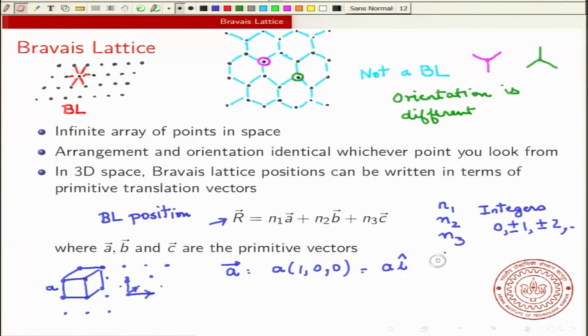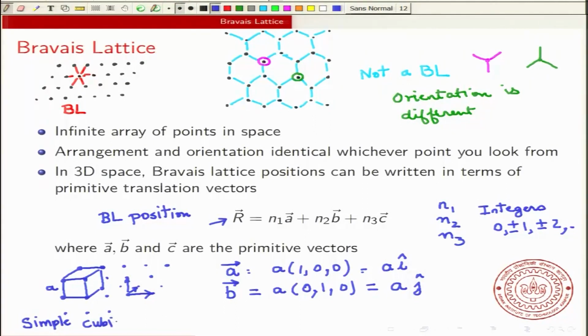There is no j and k, so i is a unit vector along the x direction. Similarly, the lattice translation vector B looks like A times 0, 1, 0. This is only for a simple cubic lattice, and I can write this as A times j.